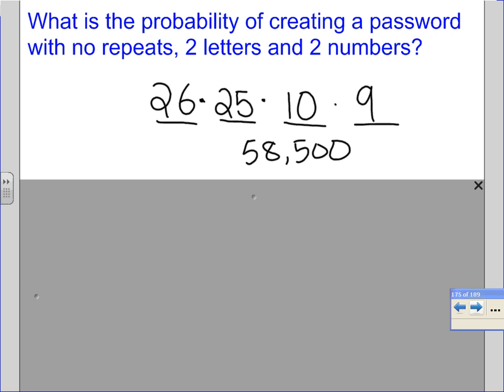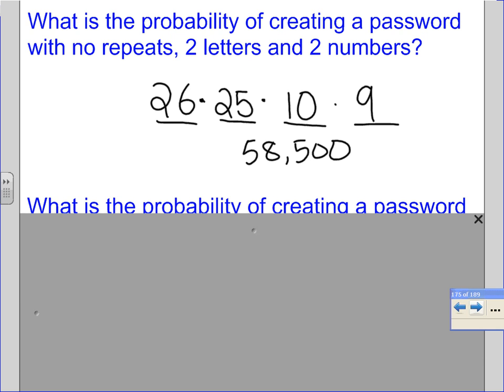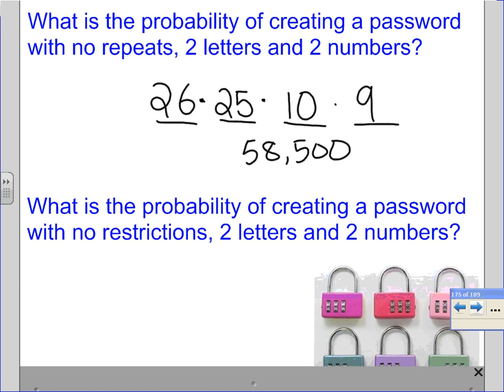So on a test, if it was like the previous one, it would say, what is the probability of finding the correct password. If it was like this, Mary, it would say, how many options are there for passwords with no repeats if there are 2 letters and 2 numbers. That's not worded correctly. Same with this one. It should say how many combinations or how many options are there.